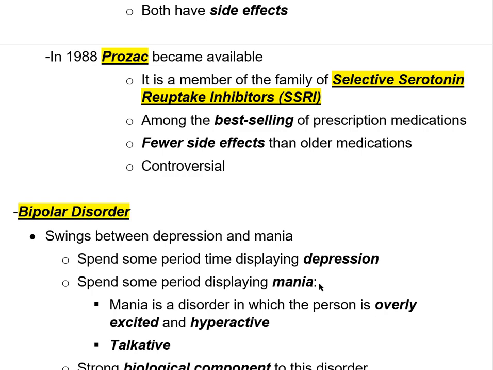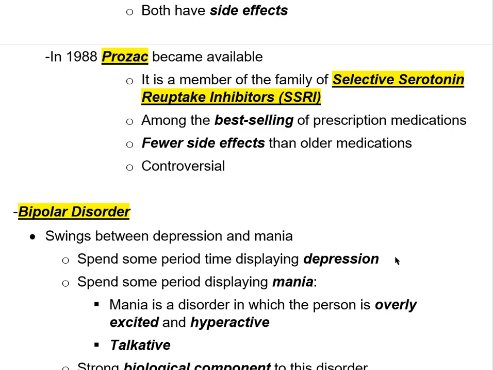Or you might go through these mood state changes in the course of a day. In the morning, you might be depressed and sad and hopeless. For a few hours in the afternoon, you feel okay. And come evening, you're displaying mania. It varies from person to person and from occasion to occasion.